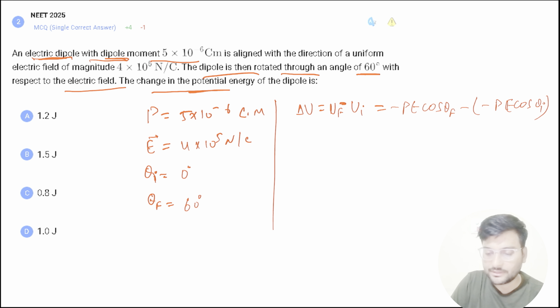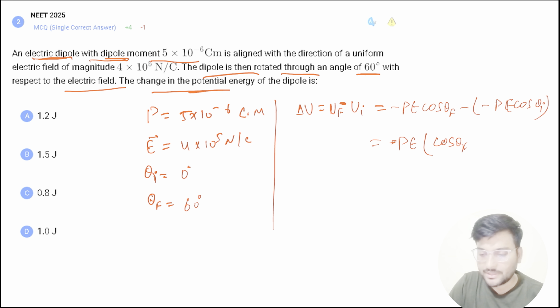Taking minus PE common, we get cos theta final minus cos theta initial, with the minus sign outside.